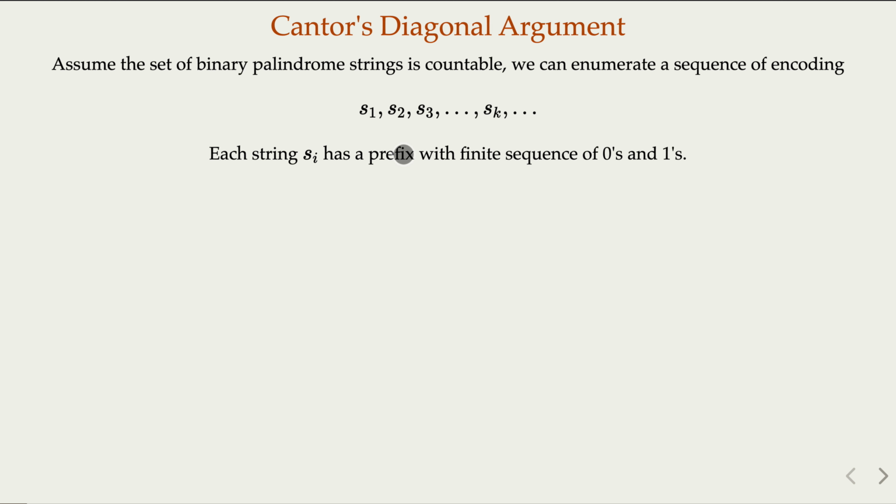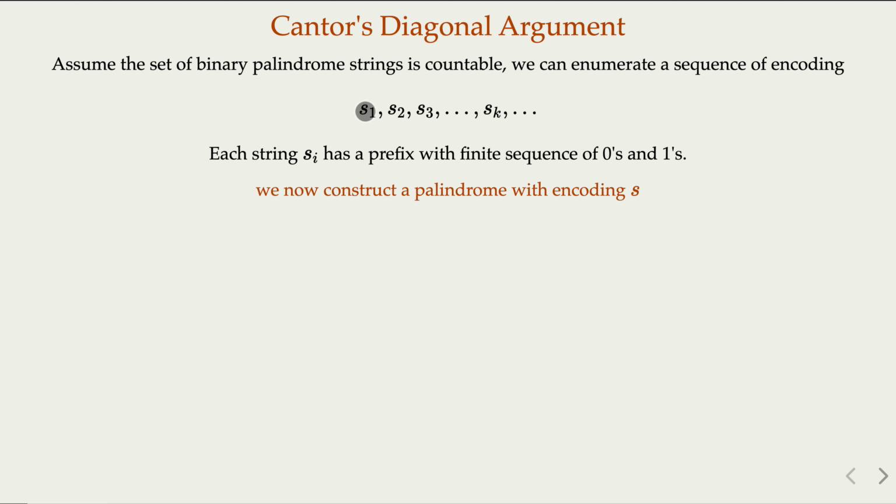Now we can find another element in the set that cannot be in your enumeration. That's the whole point of the diagonal argument for the proof. This is a proof by contradiction. You assume it's countable. Then how do we define that string S? You can construct another instance in the palindrome set. How do we define S? We define the S.